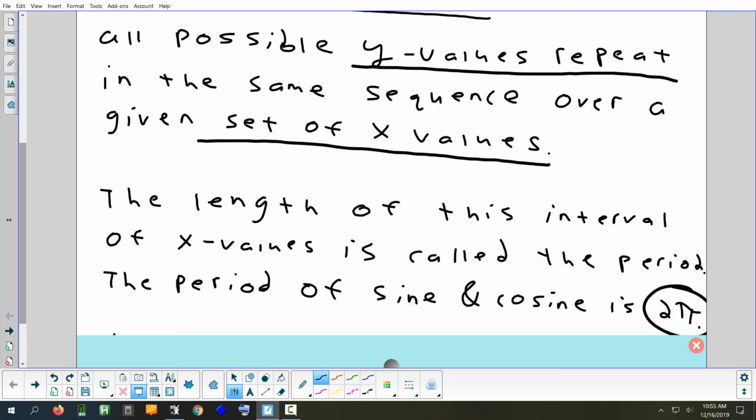Okay? And by mess with it, I mean you don't stretch it, you don't shift it, you don't compress it, you don't do anything to it. Just graph the basic sine or cosine function. And it will have a period of 2 pi radians. Somebody remind me, what's 2 pi radians in degrees? Yeah. 360. 360, yep. So from 0 to 360 degrees, you go through a full cycle of sine.